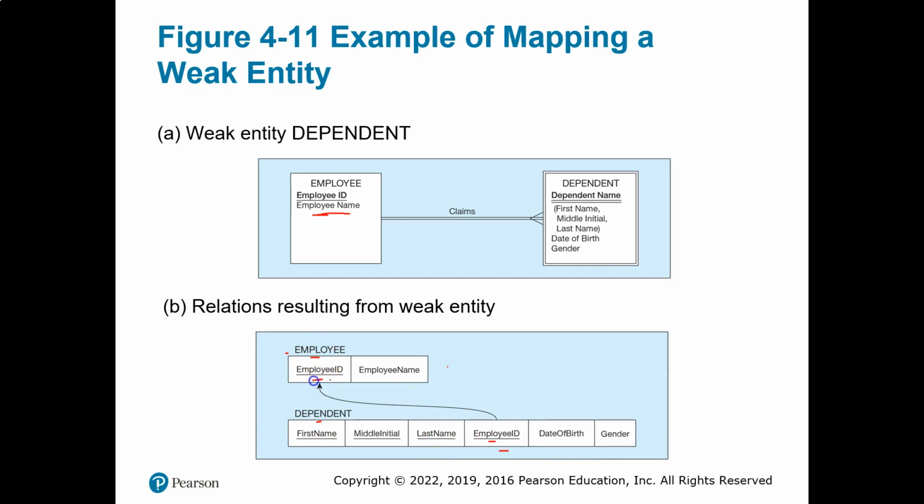But while employee ID is the primary key of the employee table, it is part of the composite key of the dependent table, right? So again, I'll explain this and you could tell me, thank you, Captain Obvious. How likely is it that the same employee is going to have two children and name them exactly the same thing?